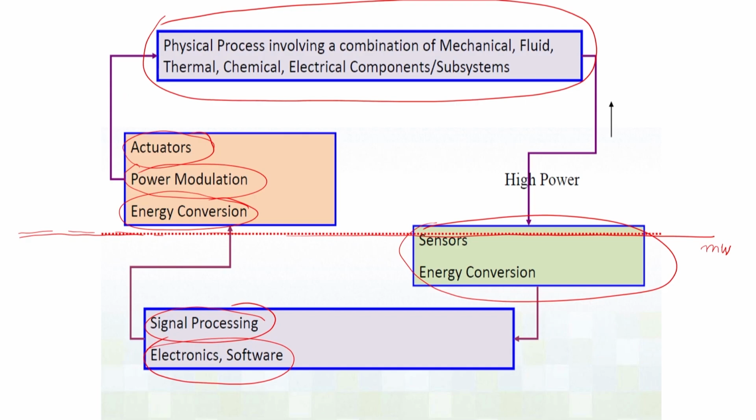So, even though both sensors and actuators are based on the energy transduction principle, sensors work in the low power domain, and actuators work in the high power domain. That is an important point we have to keep in our mind.